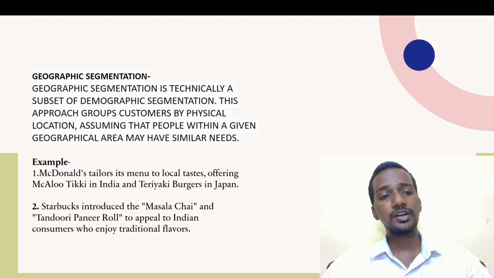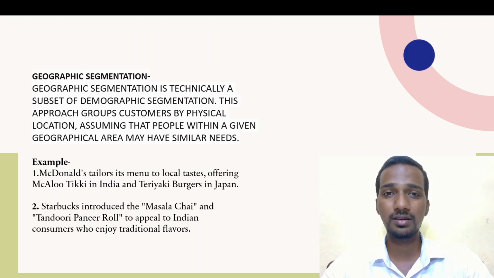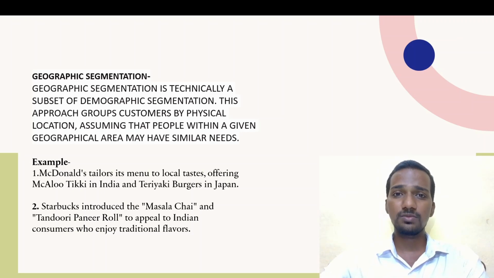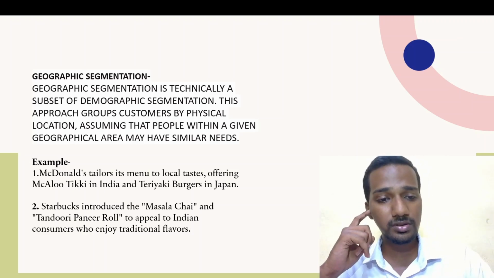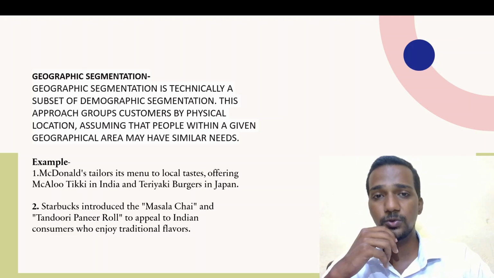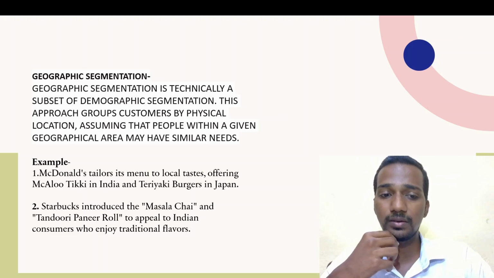So they introduced a product called McAloo Tikki in India so that they can target Indian customers. They adjusted the McDonald's cuisine to Indian customers. And in Japan they introduced teriyaki burgers to accommodate their culture and eating styles.